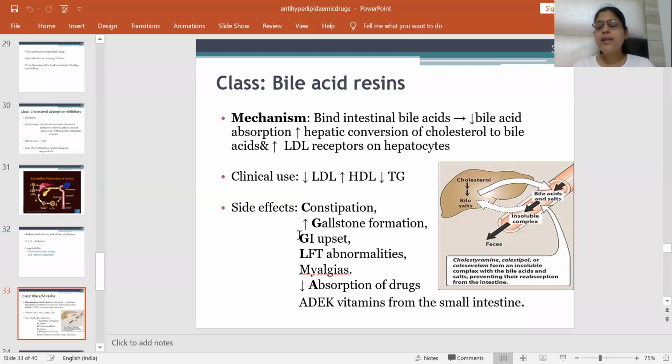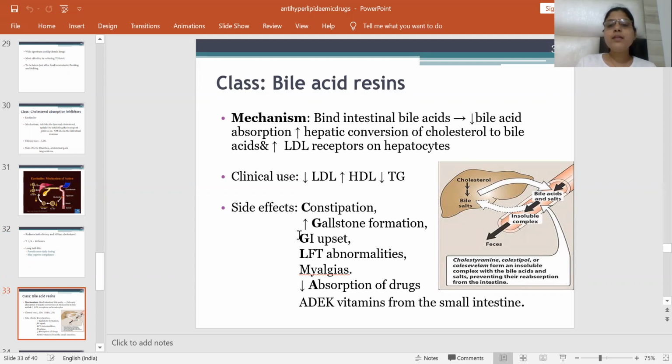So more cholesterol will be used up to form bile acids, leading to decreased levels of cholesterol. Decreased levels of cholesterol will lead to decreased levels of LDL, increased level of HDL, and decreased levels of triglycerides.